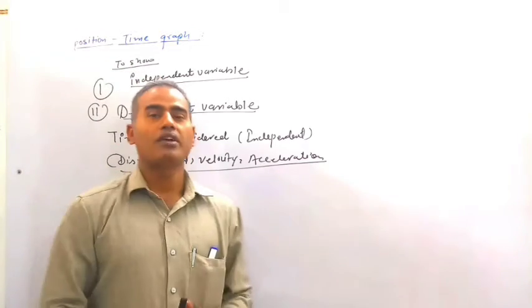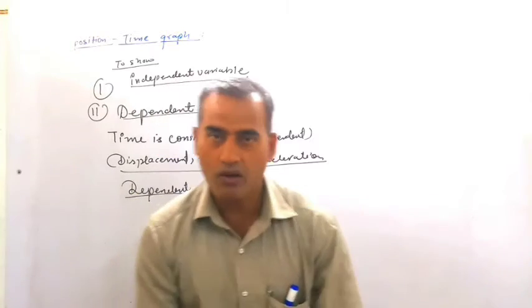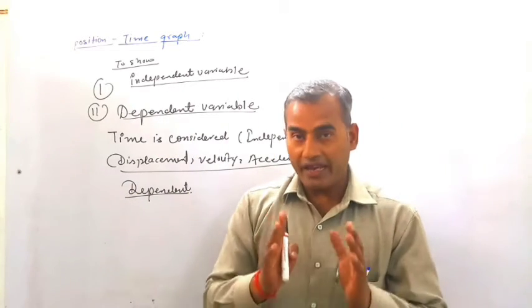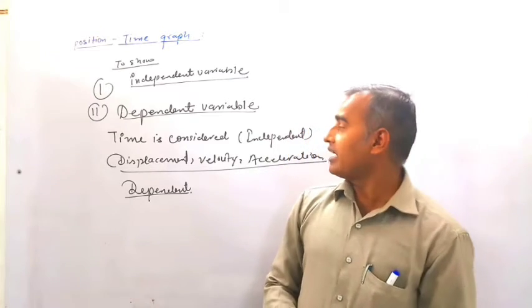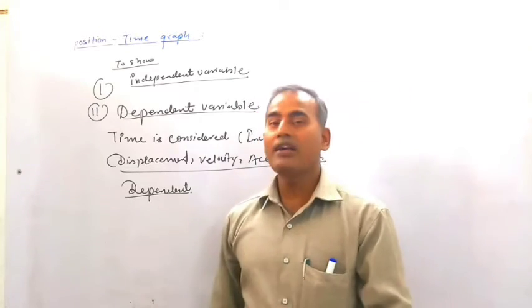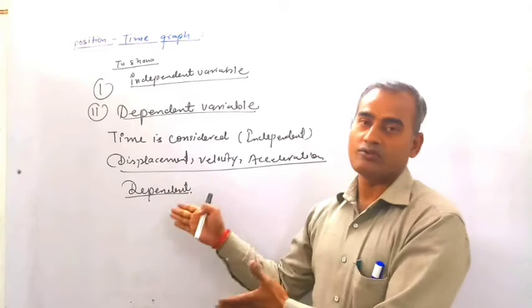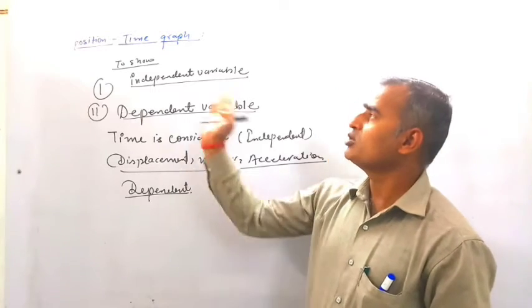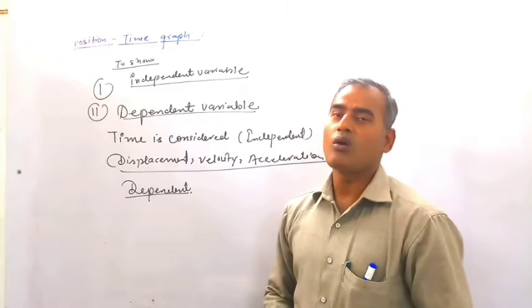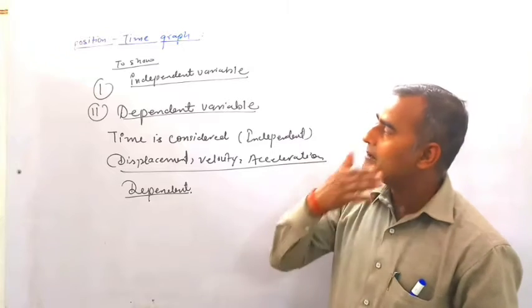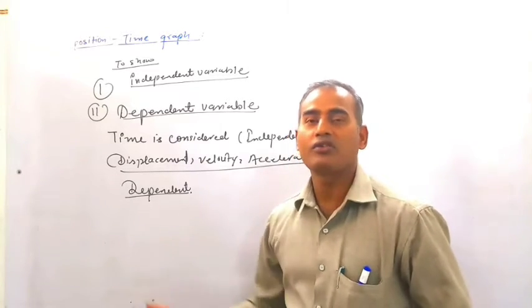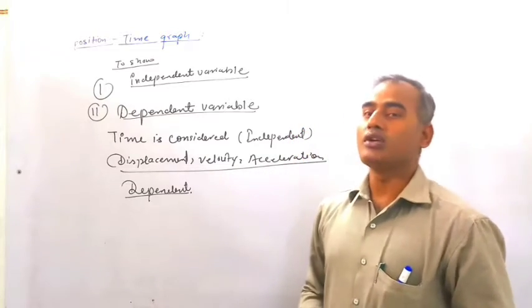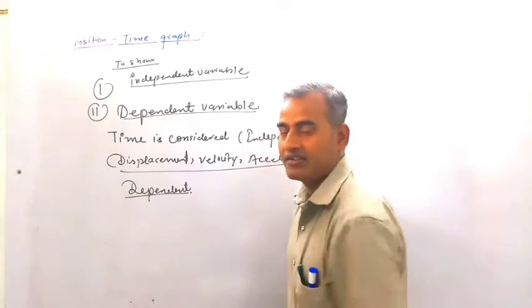We keep always x axis for independent quantity and y axis for the dependent quantity. So in position time graph, time will always be at x axis and displacement or position or velocity or acceleration always will be at y axis.